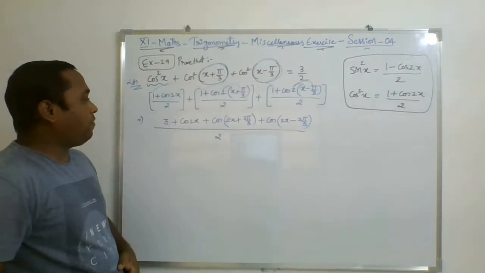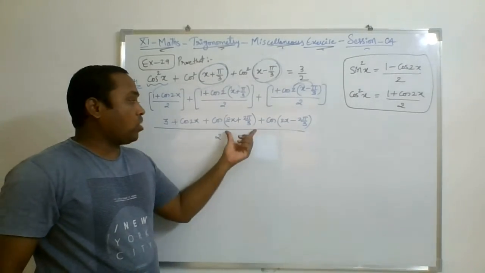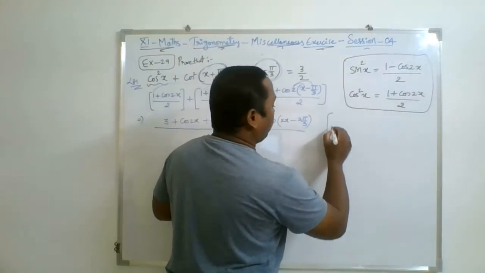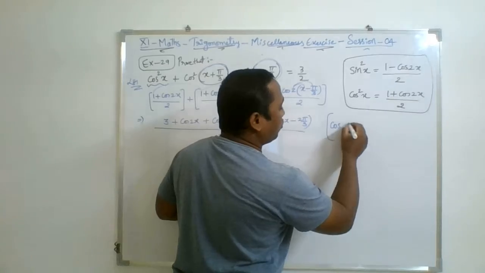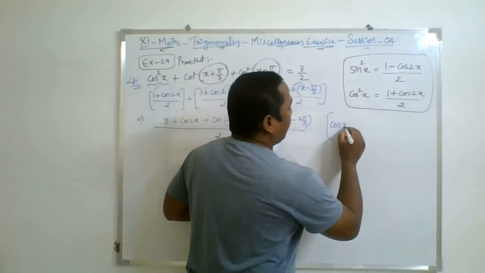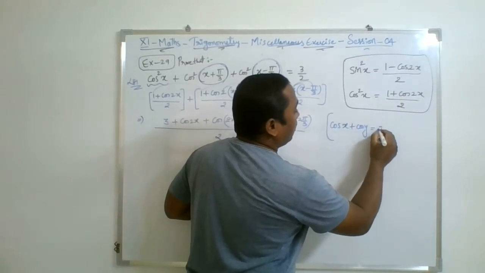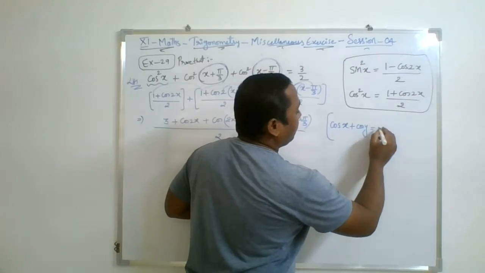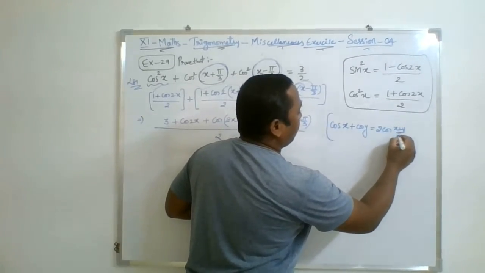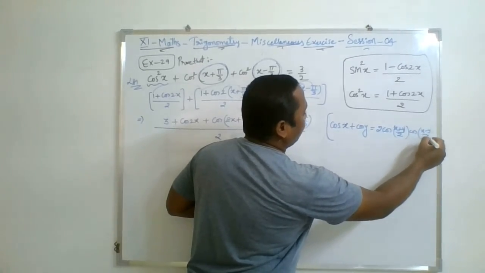Now you can use the formula of cos x plus cos y. You know the cos x plus cos y formula. What is that formula? Or you may also say cos C plus cos D. Anyway, the cos x plus cos y formula is 2 cos of (x plus y) by 2 into cos of (x minus y) by 2.